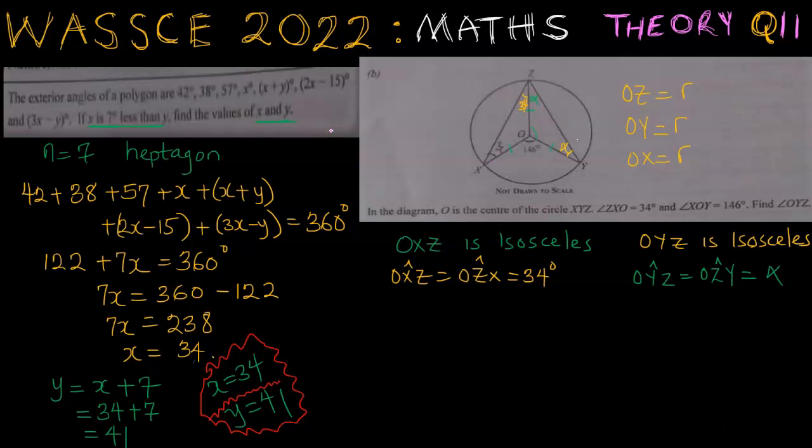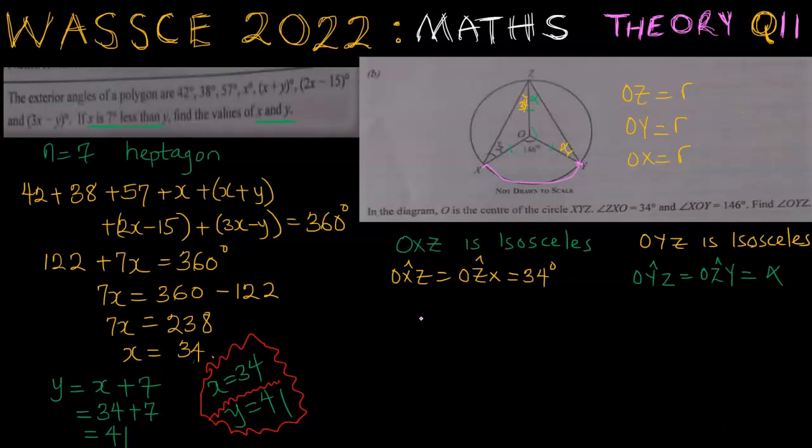Now we are going to rely on one of the circle theorems. Since O is the center of the circle, we can see that the angle XOY, which is 146, is the angle that this arc, XY, subtends at the center. And we know that the angle subtended by an arc at the center is twice that which it subtends at the circumference.